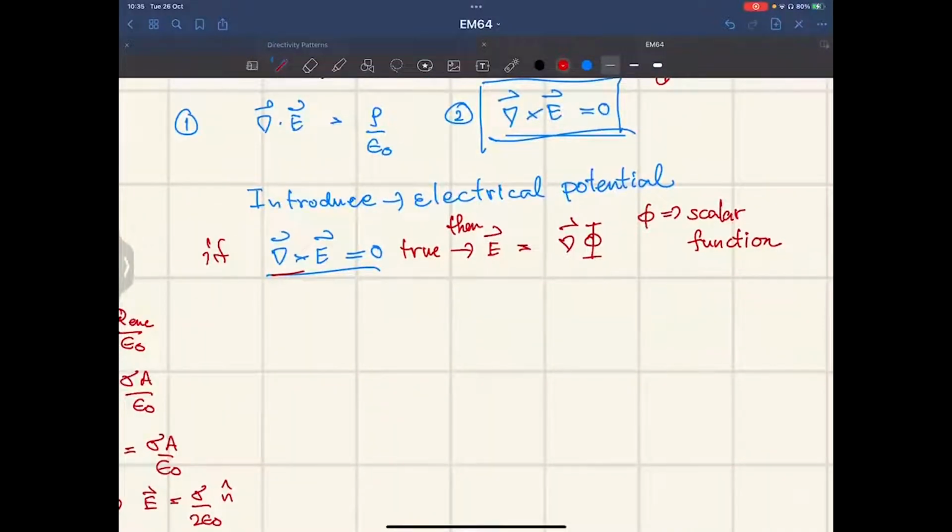We know that this curl E is equal to 0, right?